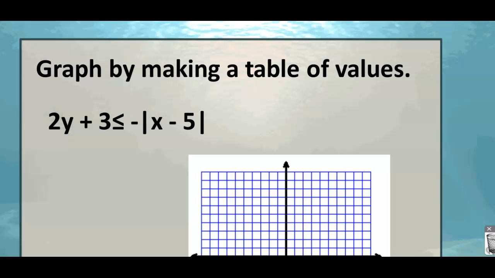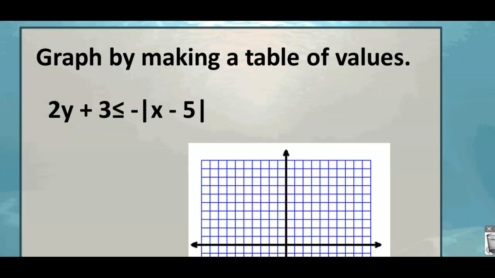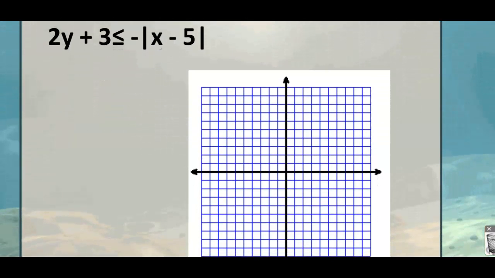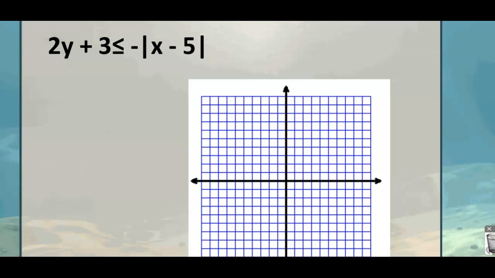What do I have to do in the next example that I didn't have to do in the previous ones? Get the y by itself. So we're going to subtract 3 and divide by 2.